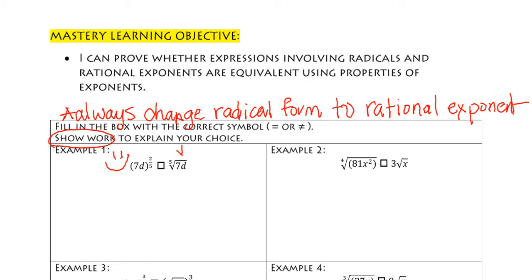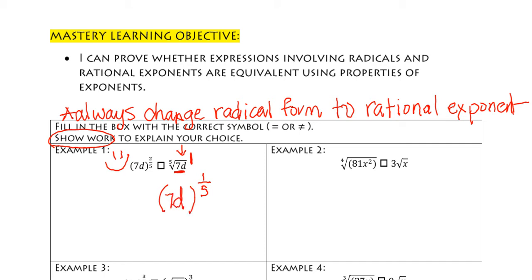This side we need to change. So again, there's a 1 out here. We say that a lot in these videos, but that's a 1 when there's nothing written. So that would make the 1 on top and the 5 on the denominator for the exponent. And then whatever is inside the radical will go inside parentheses.